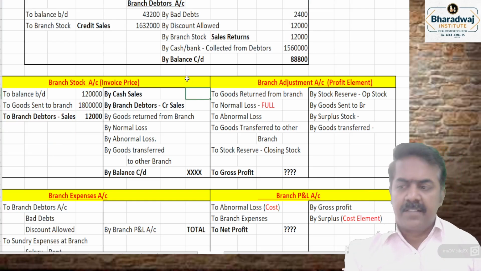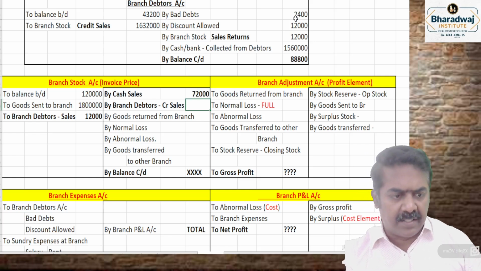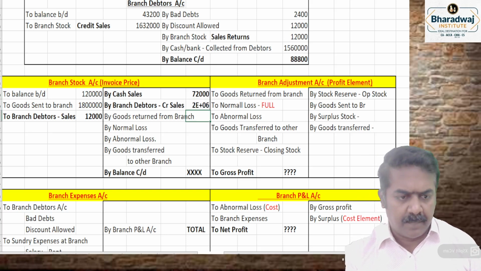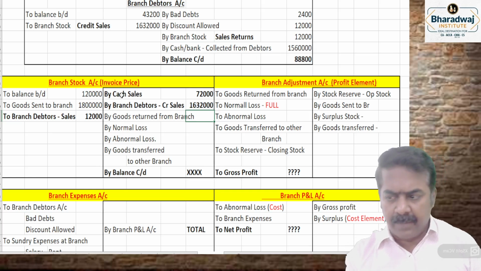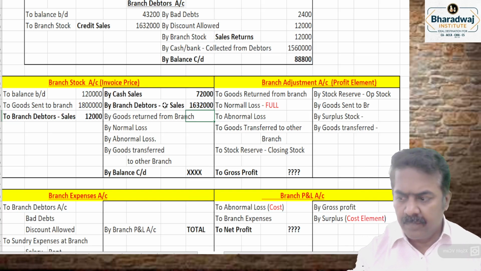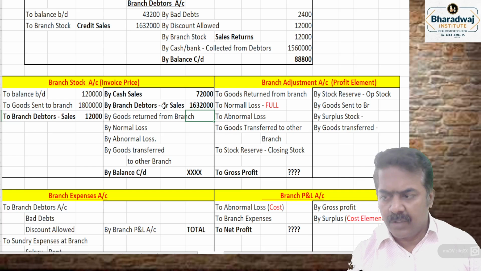What is the cash sales? 72,000. What is the credit sales? 16,32,000. Any goods returned from branch?